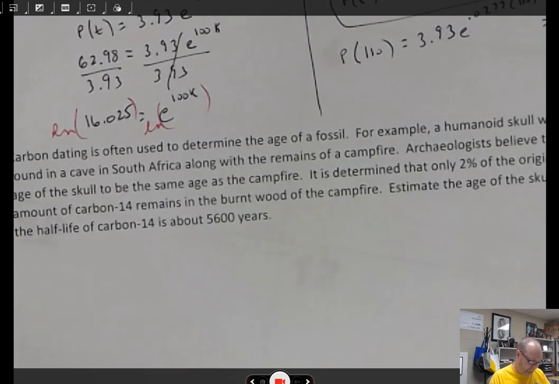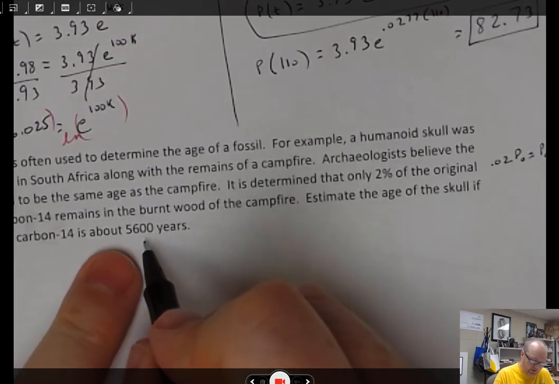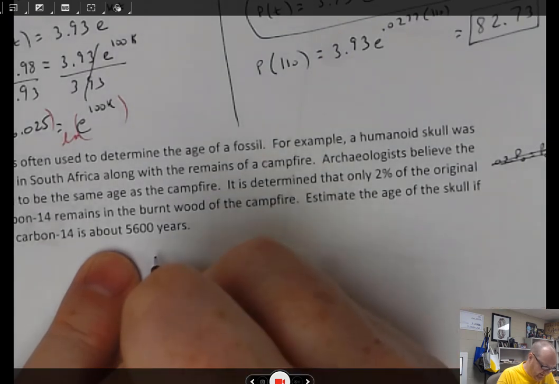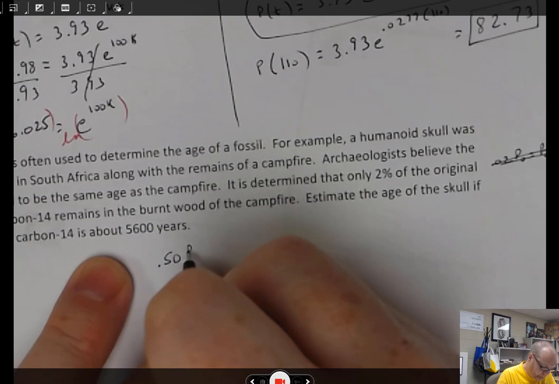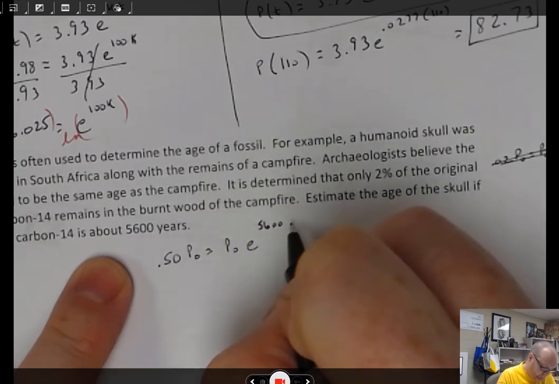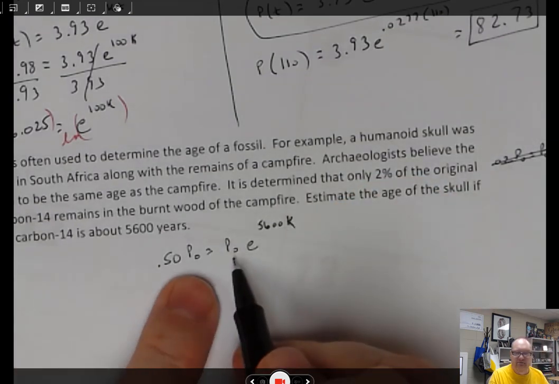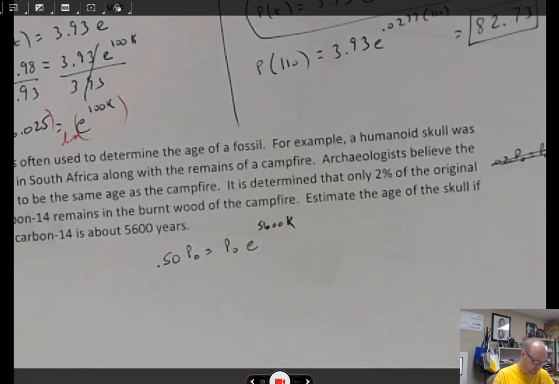So you can set up using this idea of a half-life. We don't know how much was originally there. So we can set up that there's half of the amount after 5,600 years. So you can use that and not ever have to come up with a p sub 0 portion. We don't have to know what it is. We can do the math without that.